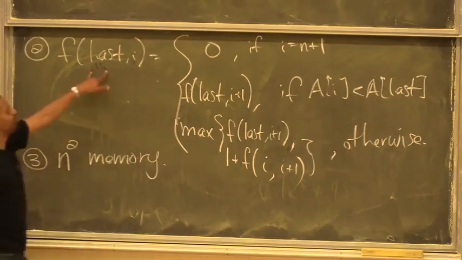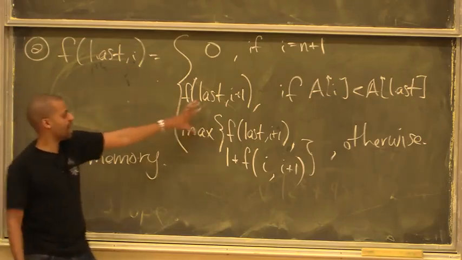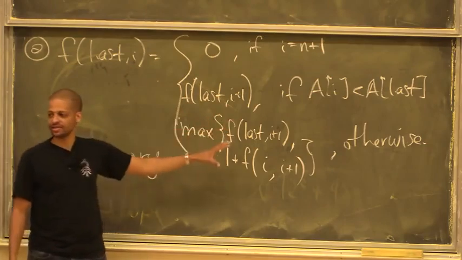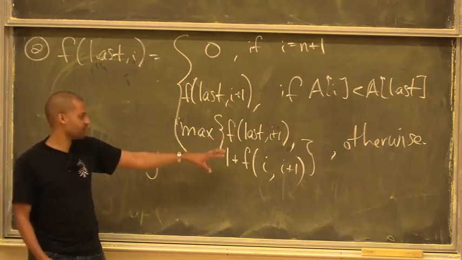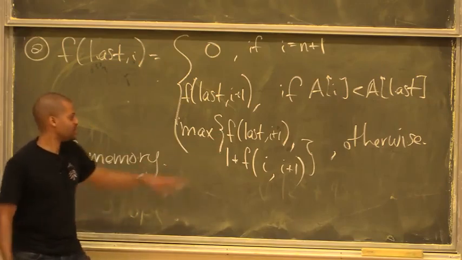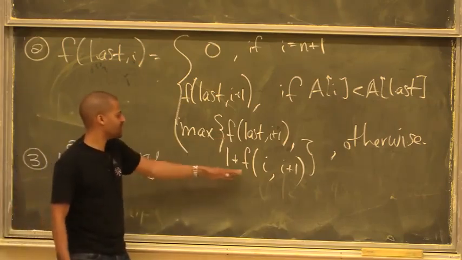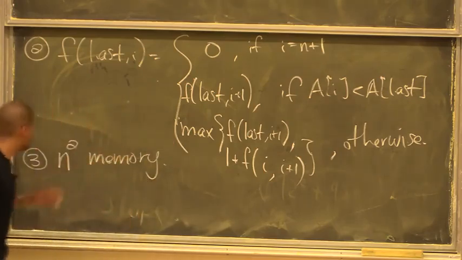Now for any given input, for any combination of last and I, how much time do I spend computing the answer, ignoring the recursive call? Constant time, right? Ignoring the recursive call, I do an addition here, I take a max. I'm just doing like 2-3 steps.